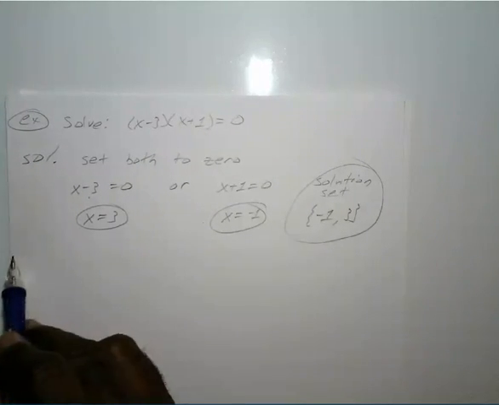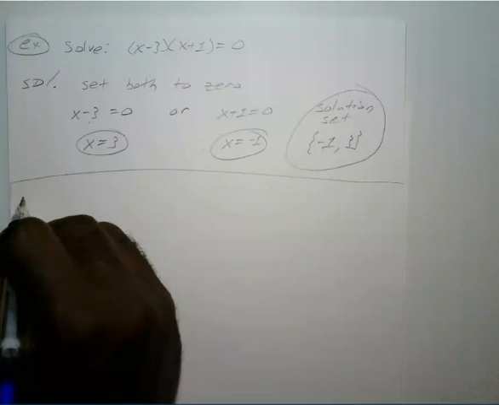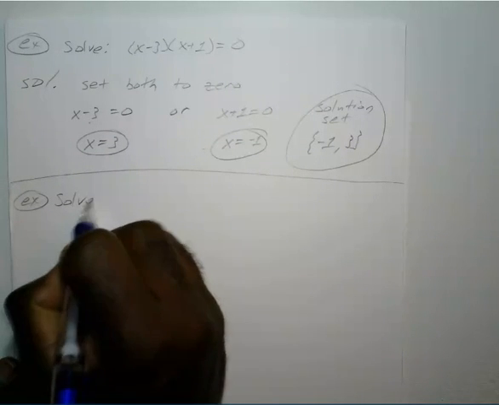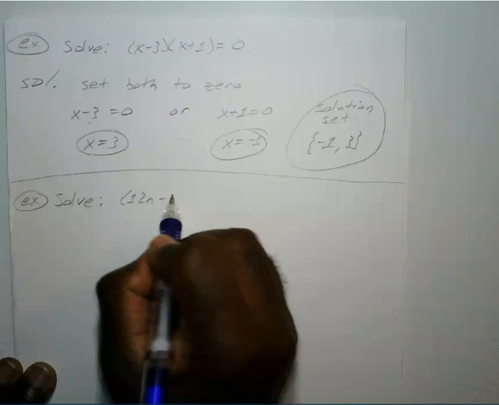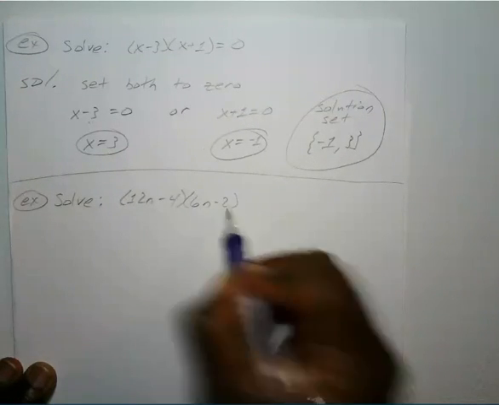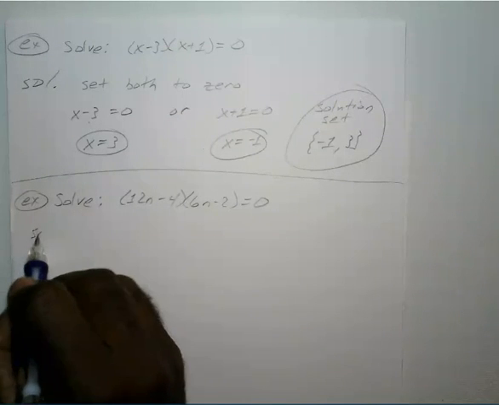Alright, so what about the example where we wanted to solve 12n minus 4 times 6n minus 2 equals 0. Really, this is the exact same thing.